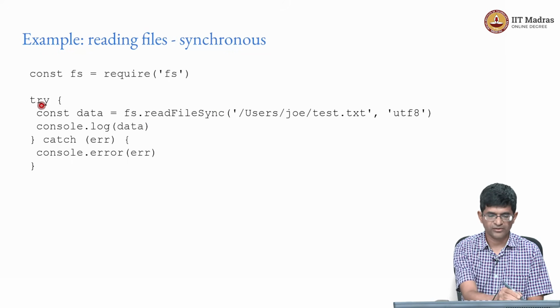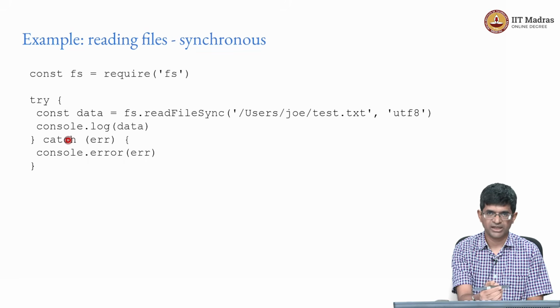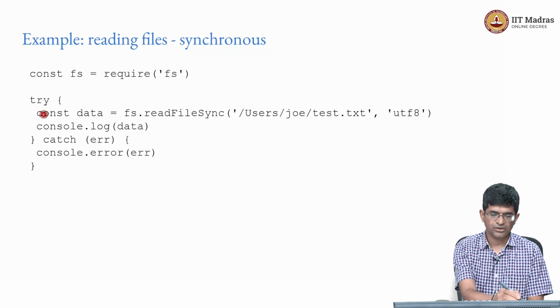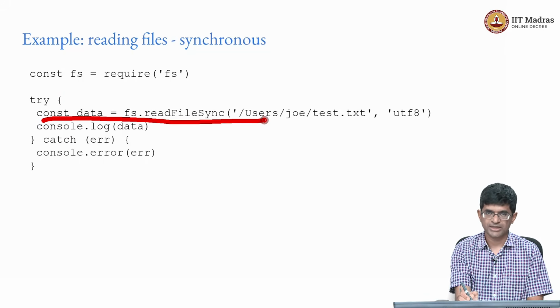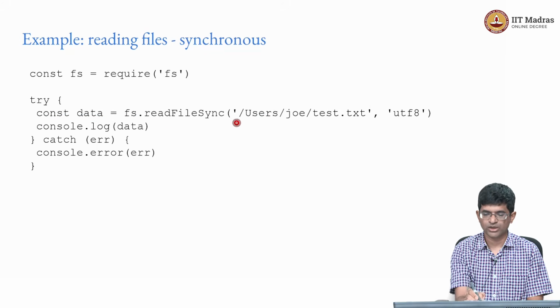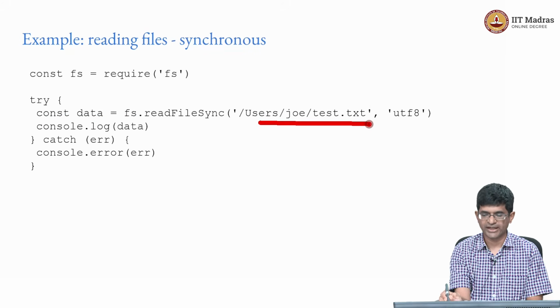So what we are doing is that we have this try and catch, which is similar to the Python try except, or the JavaScript try catch, or the C++ try catch. Essentially what it does is it tries to execute this, meaning that it tries to synchronously read a file from this file name.